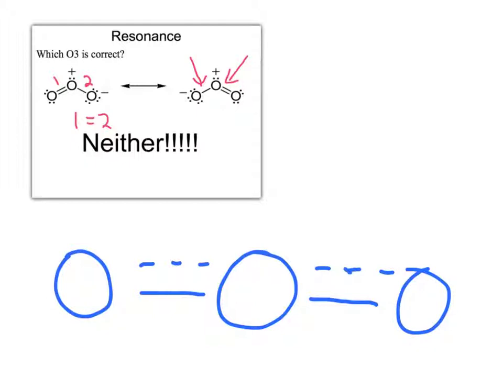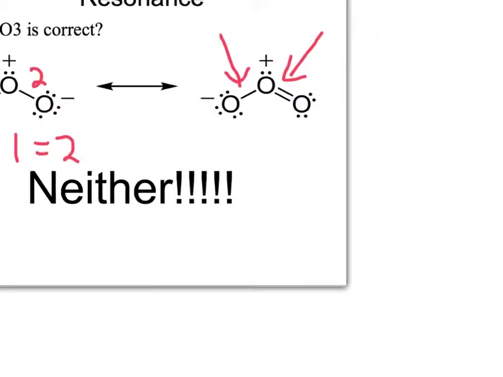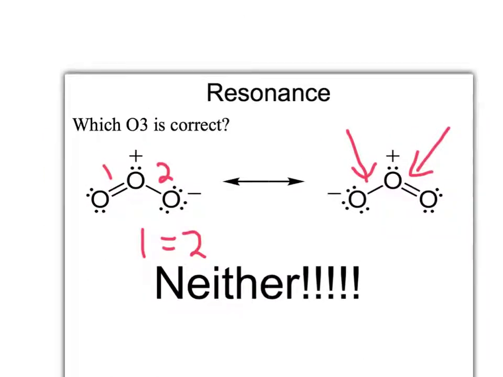How many dashes should I do? There's not a set way to go about doing it. It's not a good set of systems you could use. So instead, we do something like this, where we just draw all of the possible structures and connect them with a double-headed arrow.